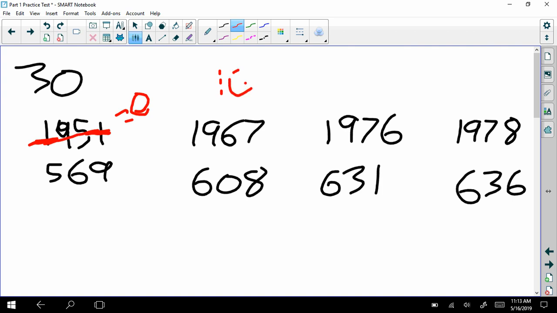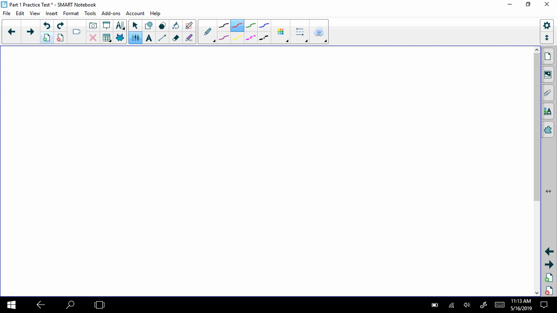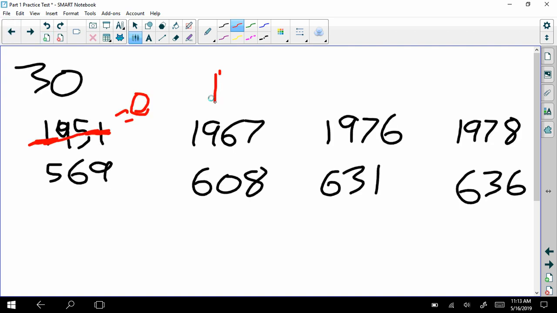Pen is not working. And then you do 1976 minus 1951, and you get 25, which is 9 years more than 1967, but we're always going back to 1951.